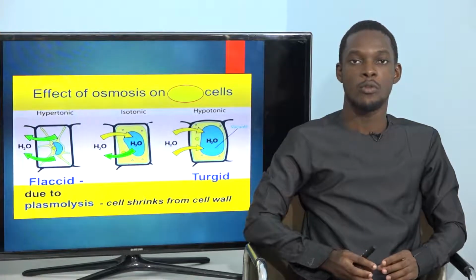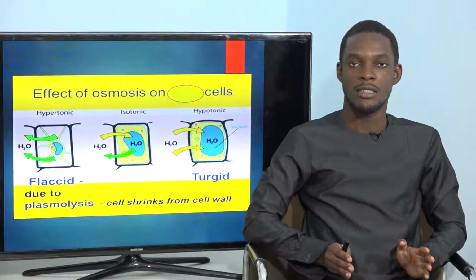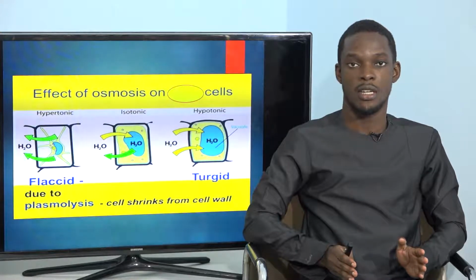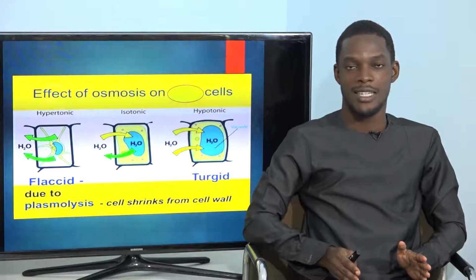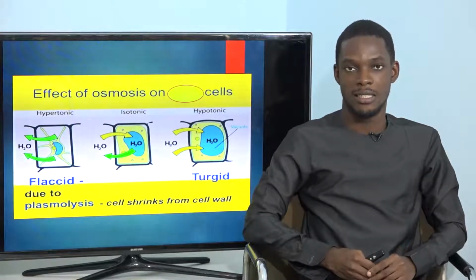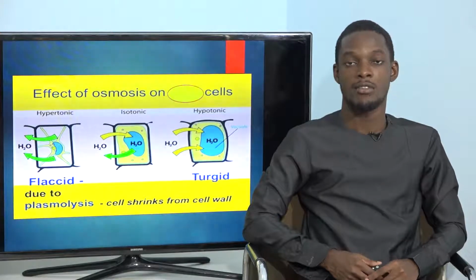And when water moves out of the cell in high amount, you will see that the size of the cell will shrink. And this is what we call a flaccid cell. Flaccidity and turgidity tend to occur depending on the electrolyte concentration within the cell.